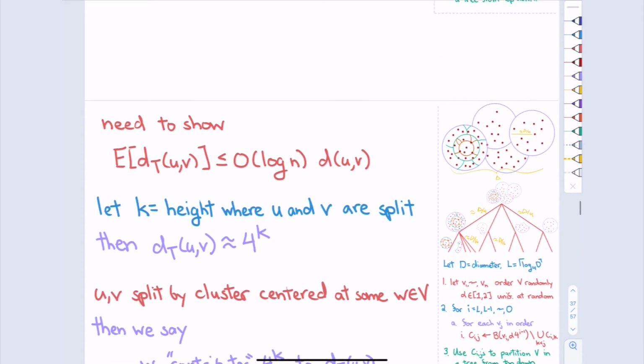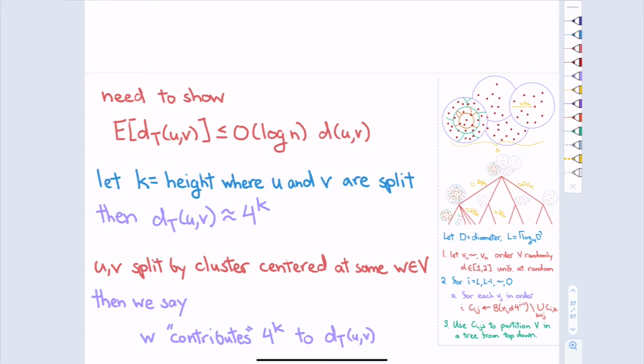Now, when they did get split up, they got split up by some scoop or some cluster that was centered at some vertex W. In that case, I'll say that W contributes 4 to the k to the tree distance. So really only one vertex in a particular random outcome will contribute to the distance.